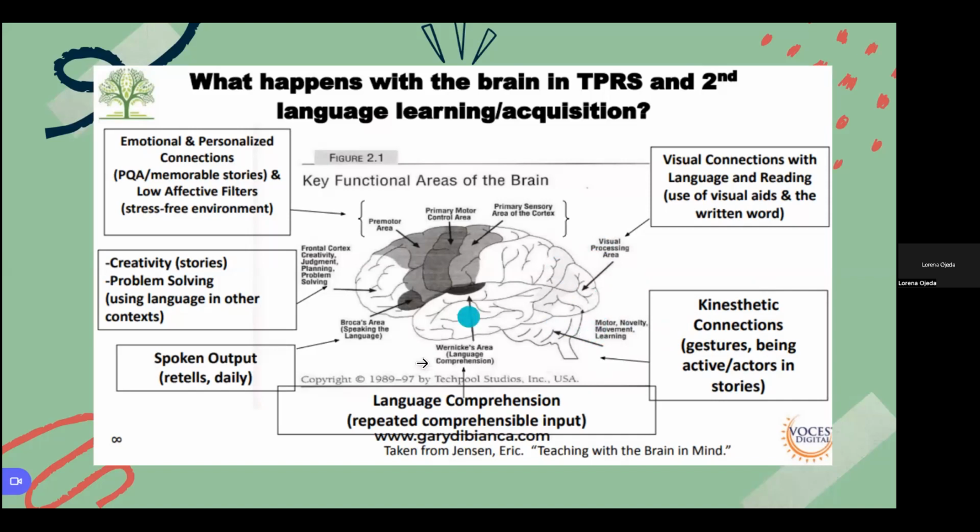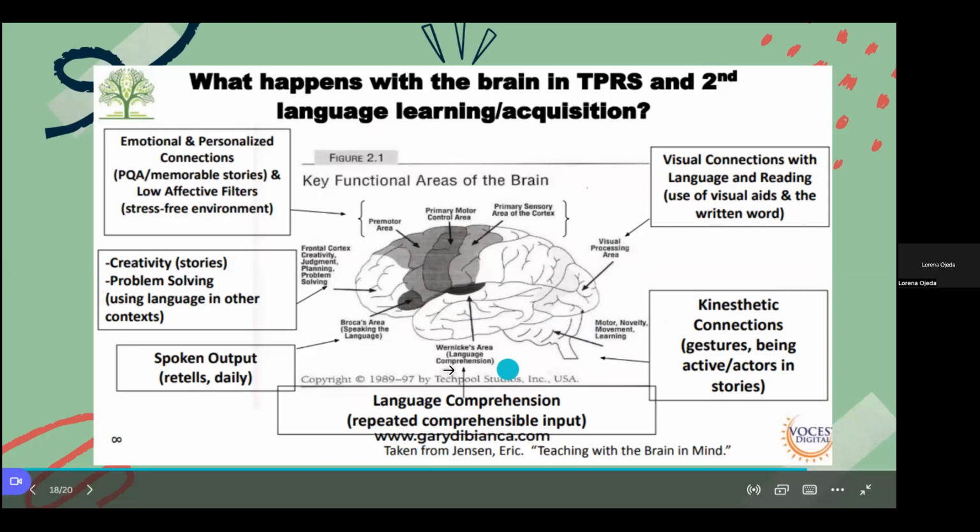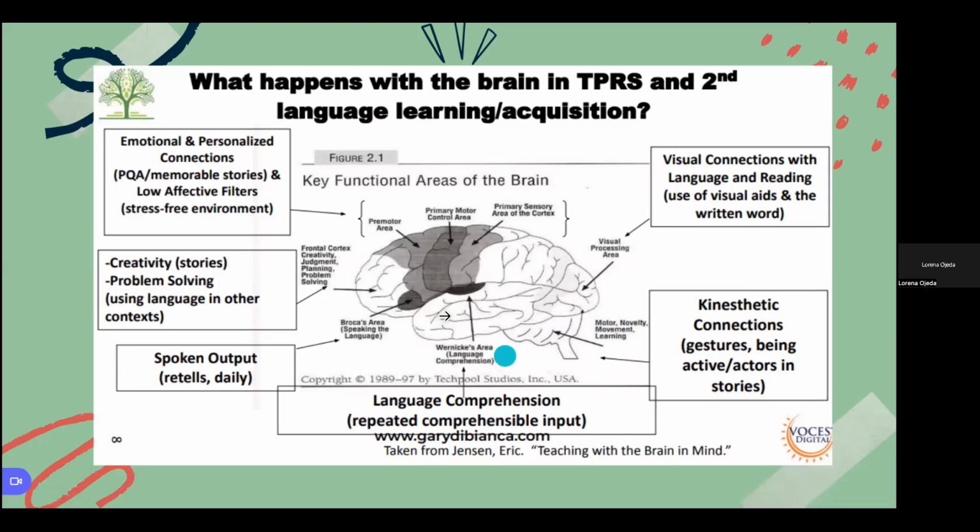By using language comprehension and repeating, for example, the story, the structure, different aspects, we are activating Wernicke's area. When we have to retell the story, which is also part of some of the strategies that we propose, we are going to activate the Broca's area.